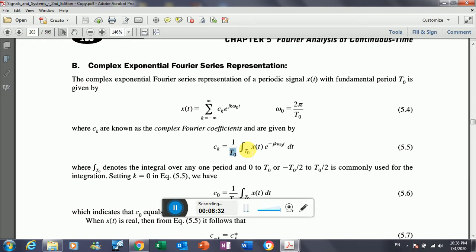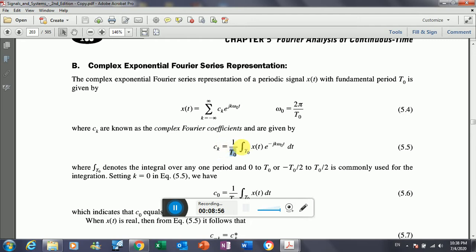Because we cannot integrate the entire signal, as x of t is periodic. We integrate it over one period, from 0 to T naught, or minus T naught over 2 to T naught over 2, and so on and so forth. And here e raised to the power minus jk omega naught t dt.